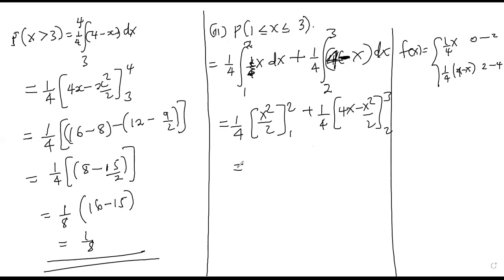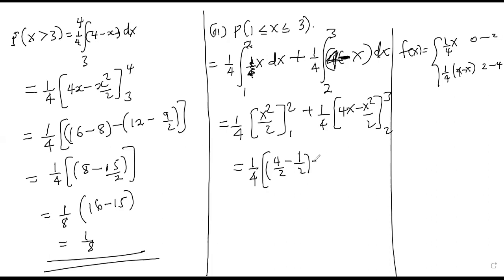So when you substitute, I want everyone to compute. It will be a quarter 2 squared, that is 4 over 2 minus 1 squared, that is a half.